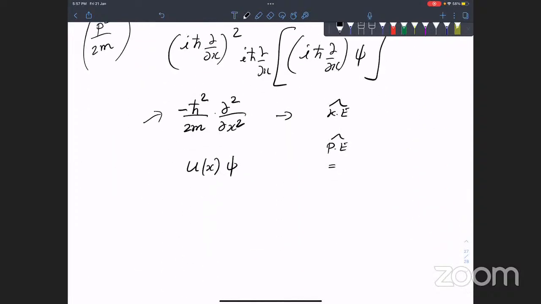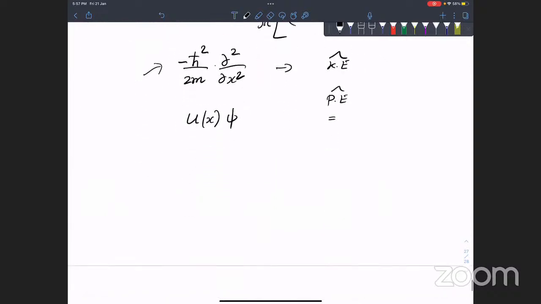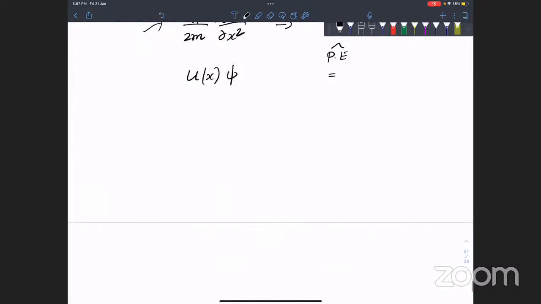So potential energy is simply given by U(x) times psi. Great. So now we have all the tools needed to go ahead and see the Schrodinger's equation. What I'm going to say is the kinetic energy of the particle plus its potential energy must be equal to its total energy. Now remember, in quantum mechanics, if I ask you what is its energy, you cannot simply say, oh yeah, its energy must be E. No, right?